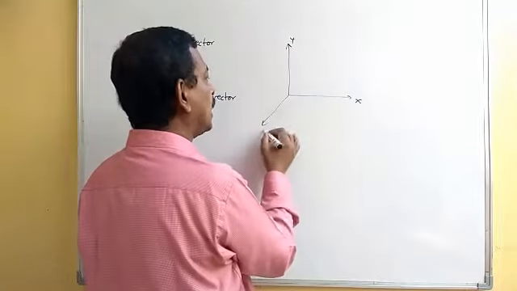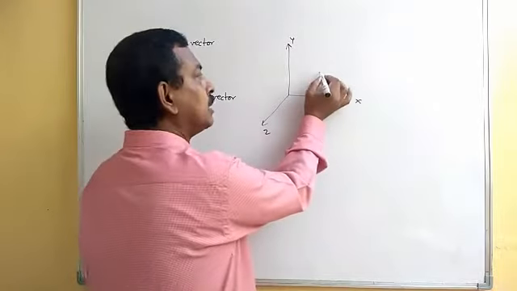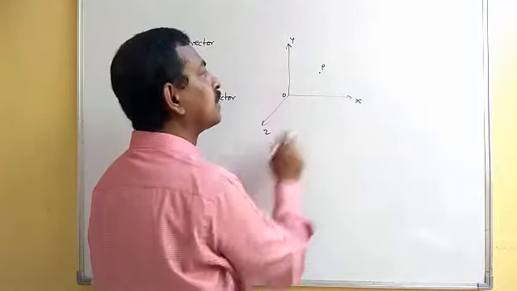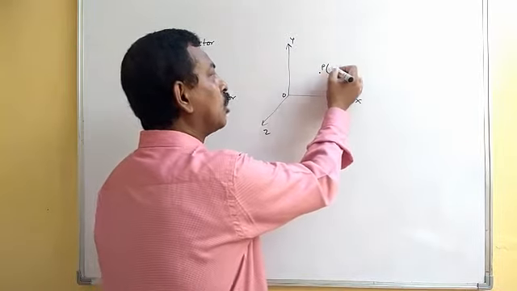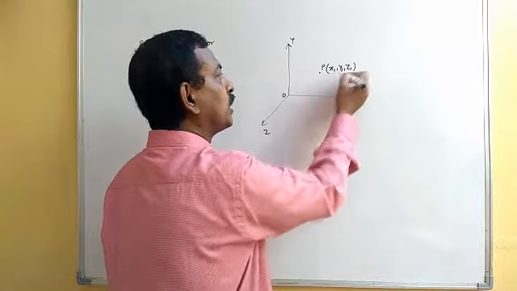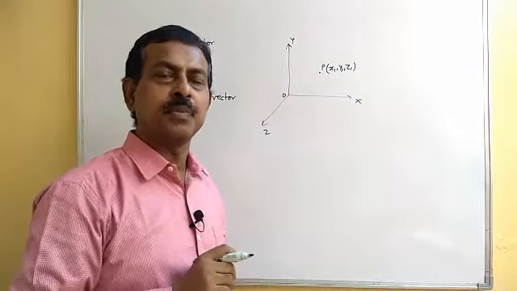This is x, this is y, this is z. A particular point is at a particular position. Suppose P is the point. It has coordinates, say x1, y1, z1. This is its position at a particular instant of time.